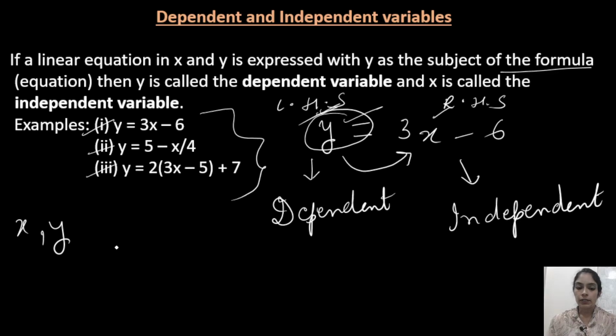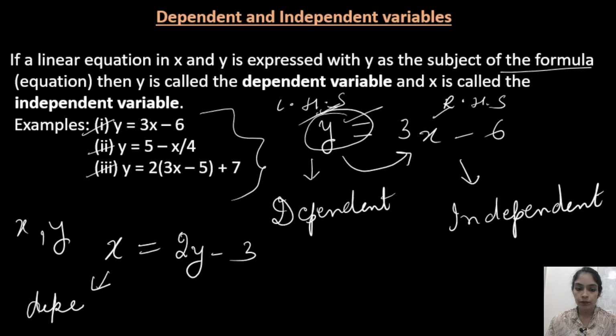But if I write an equation something like 2x = 2y - 3, in this case x will become dependent. Here x is dependent and y is independent.